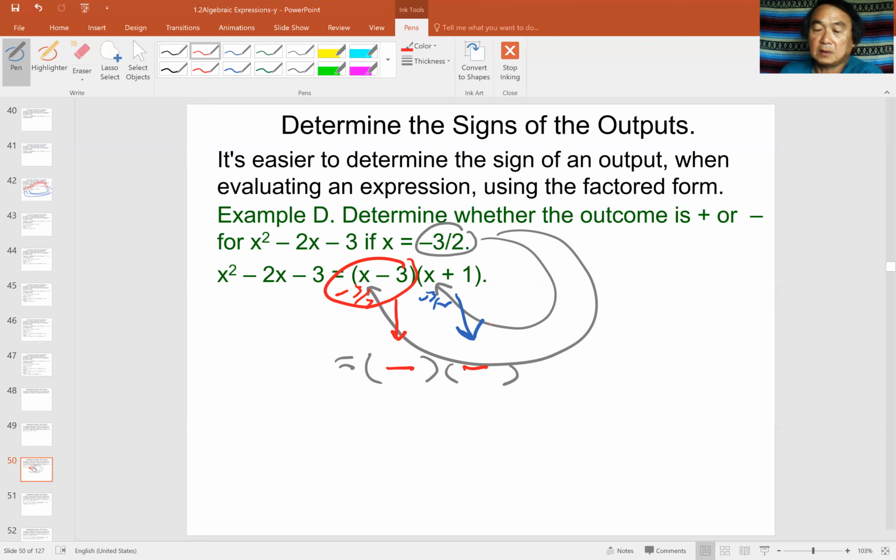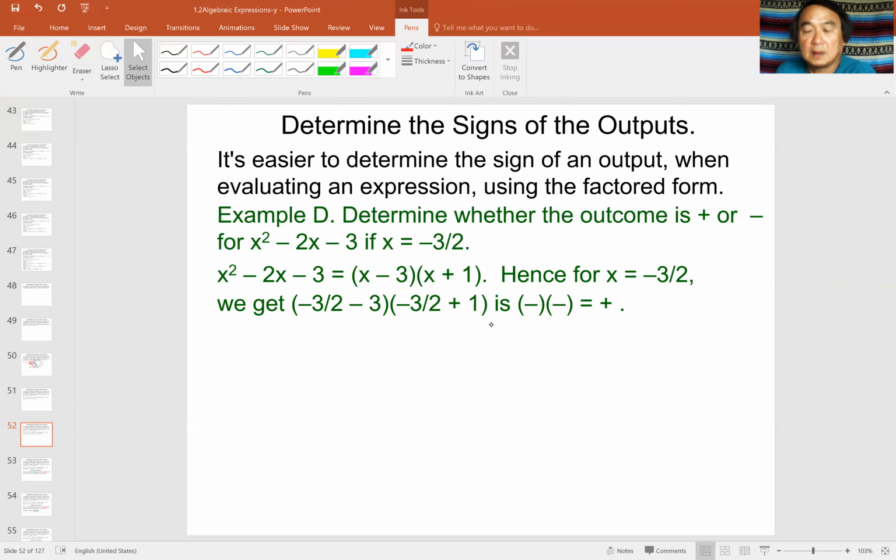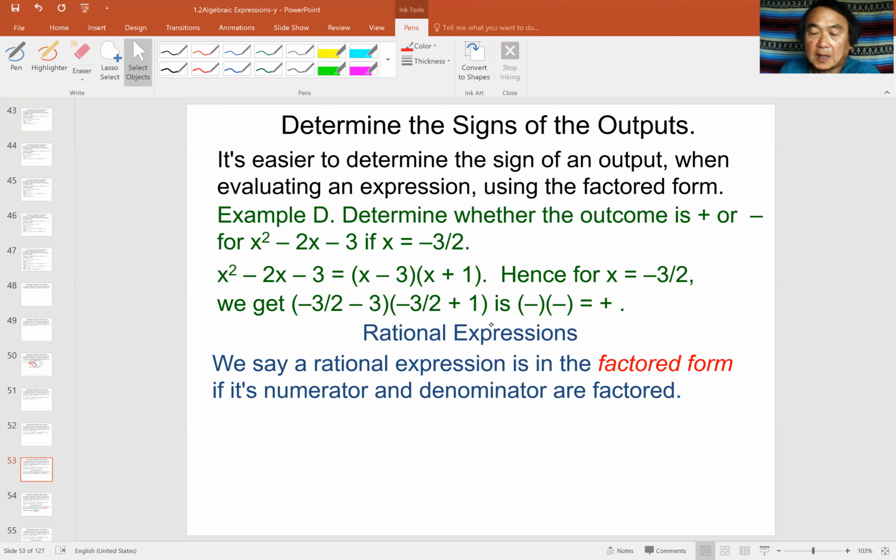So you have two negative numbers multiplied, so the end result is positive. This trick we will use soon to produce something called a sign chart, so we will come back to these tricks of determining the sign of the output.